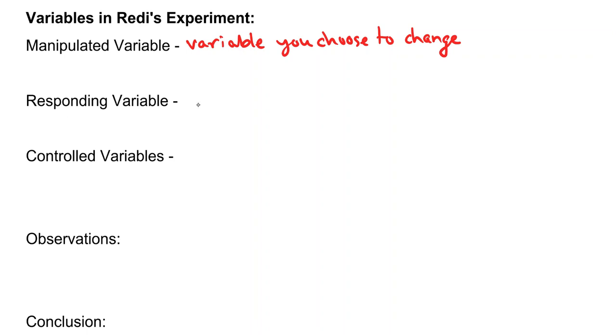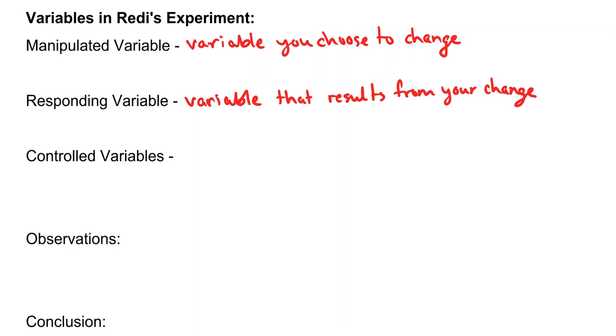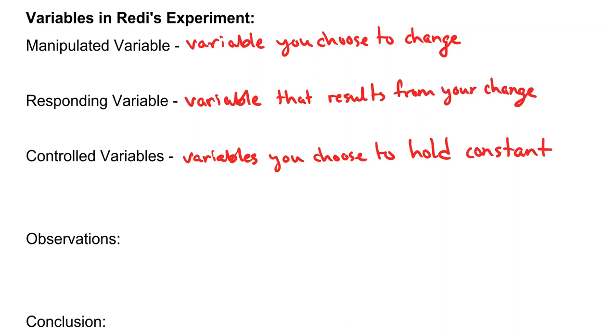The responding variable is the variable that results from your change. So you can think of it as, what are you measuring? What's the outcome of the experiment? And then the controlled variables are all variables that you choose to hold constant through the entire experiment.